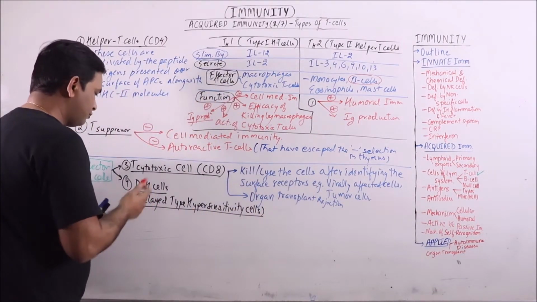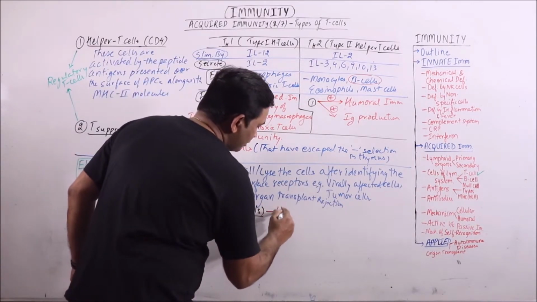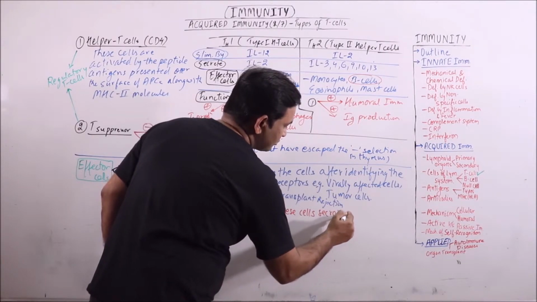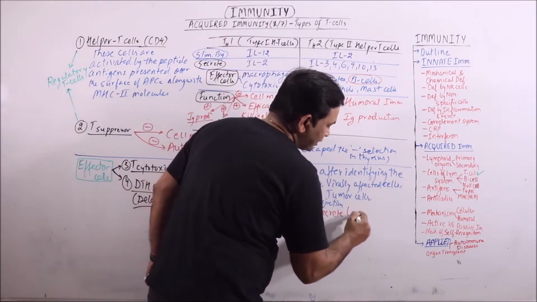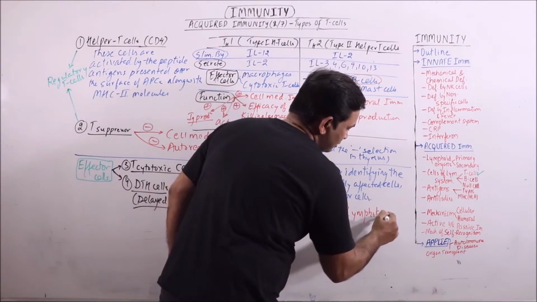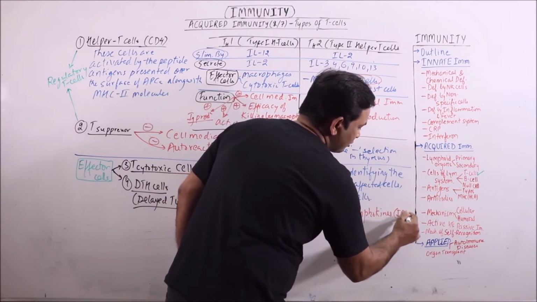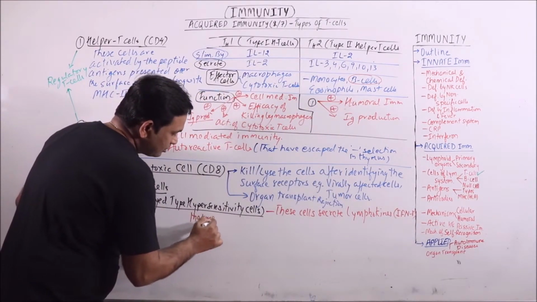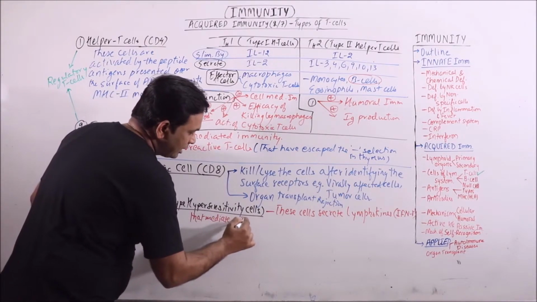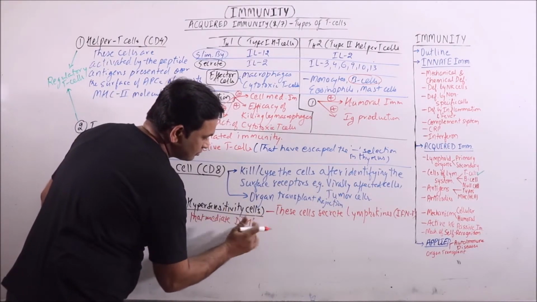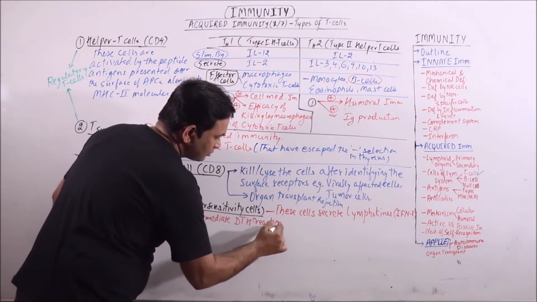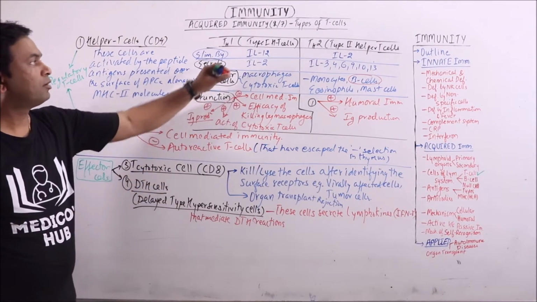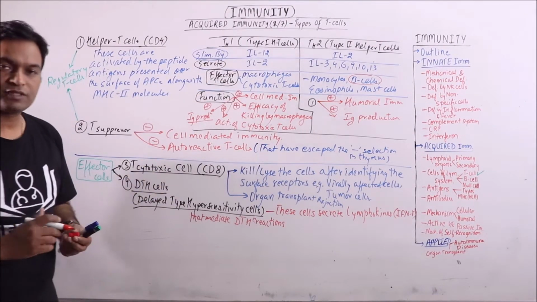So what is the function of these cells? These cells secrete lymphokines like interferon gamma that mediate delayed type hypersensitivity reactions. These cells cannot be differentiated from type 1 helper cells on the basis of surface antigens.